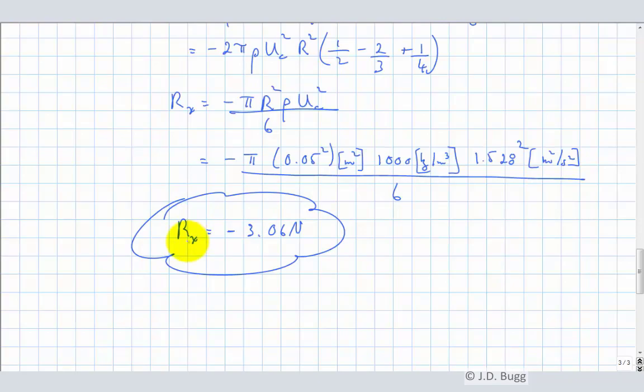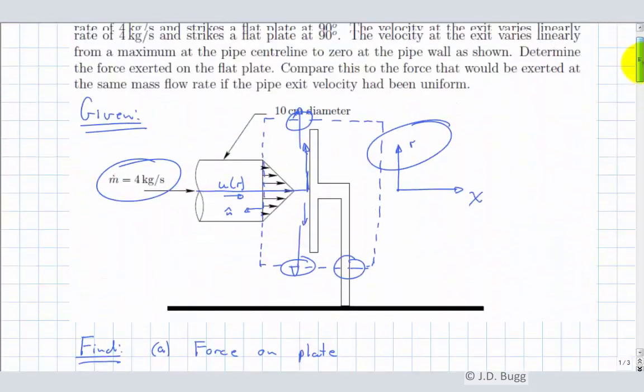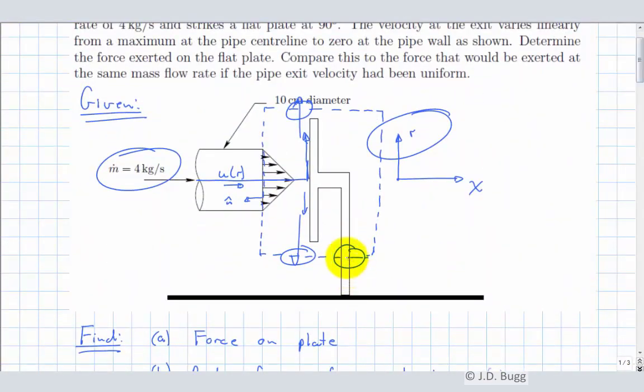So remember, this is a force on the control volume. So let's go back up to our diagram and just see if this makes sense. So that's the force exerted on the control volume at this spot here where the strut is cut. So that's a force in the minus x direction. So that makes sense. The fluid is smacking into this thing, so to hold it in place, we've got to exert a force in that direction.